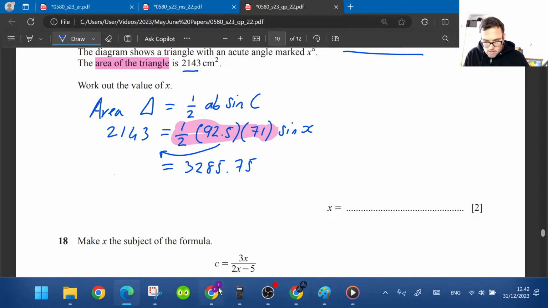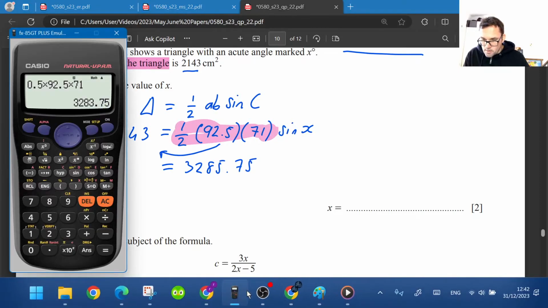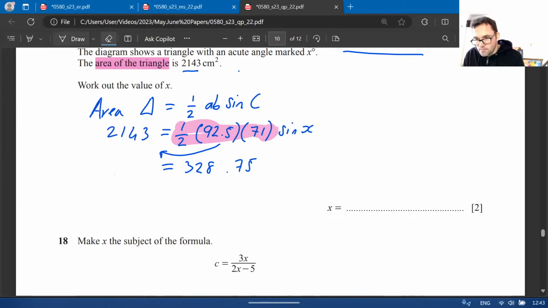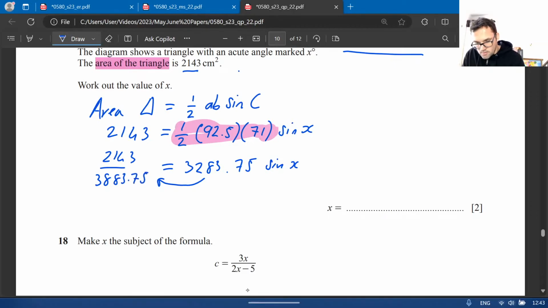Did I get it right? No, see how easy it is to make mistakes. Fine. Now I'll move it to the other side. So we need to divide. I can't move it yet.